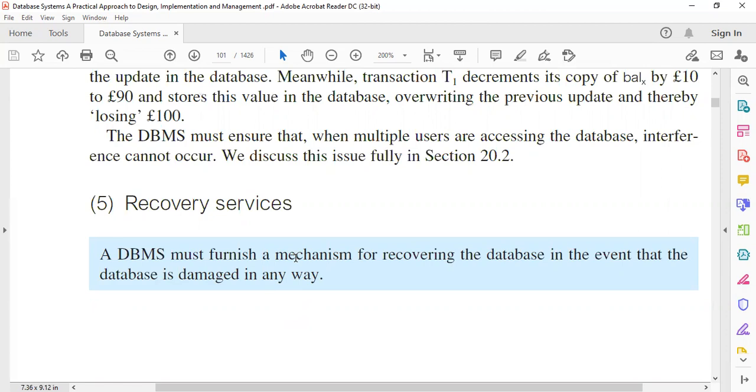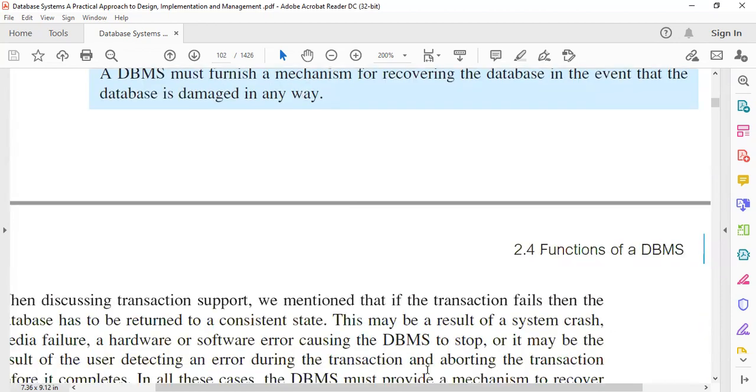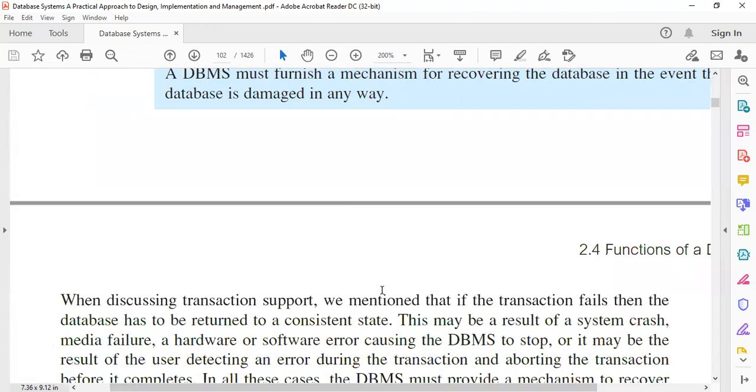The other function of the DBMS is to provide recovery services. The database must be able to furnish a mechanism of recovering the database in case of a database failure or a database damage that may be resulting from a hardware failure, a software failure.